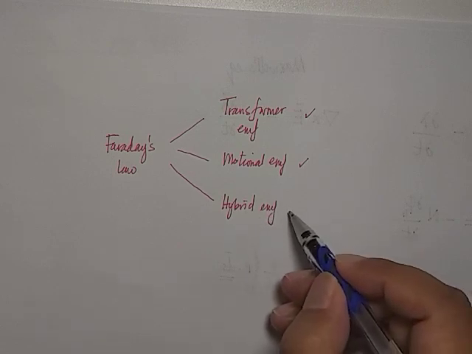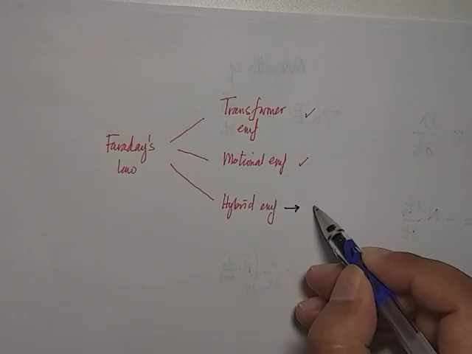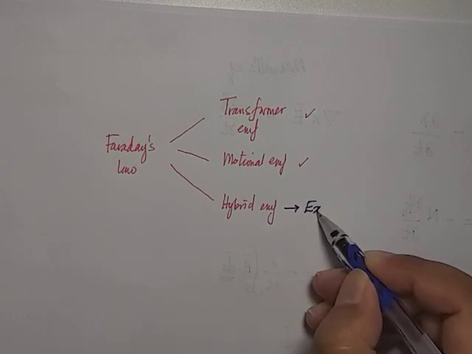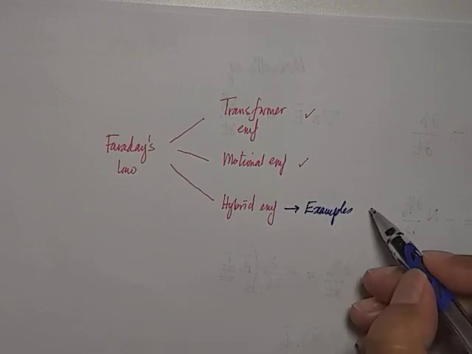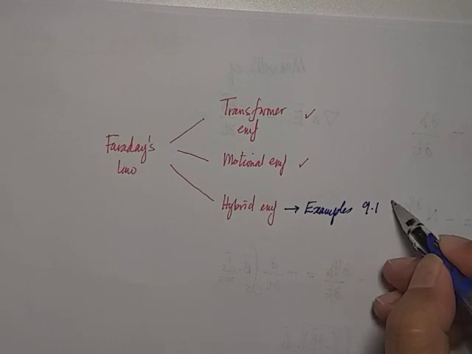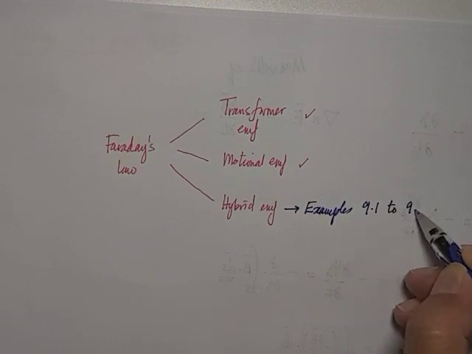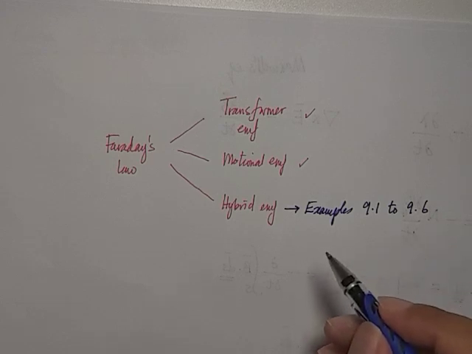For these examples, there are a lot in the textbook. Please refer to examples 9.1 to 9.6. If you look at my textbook, they show a lot of examples in detail.